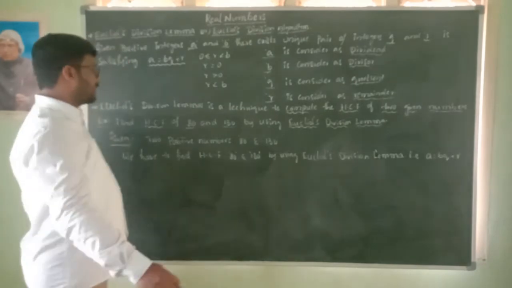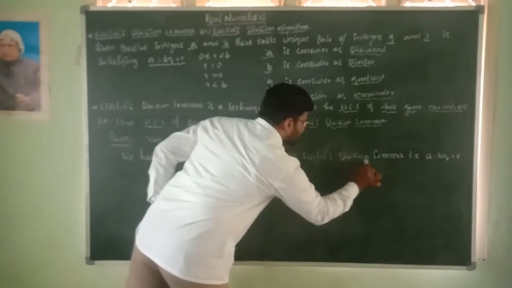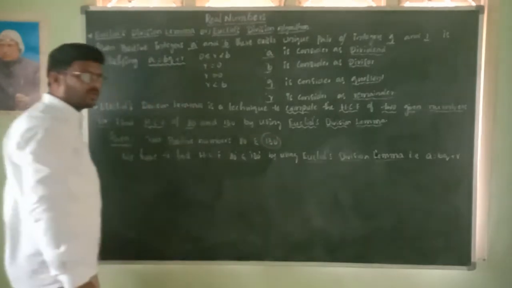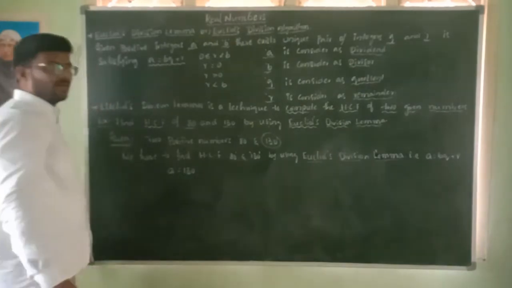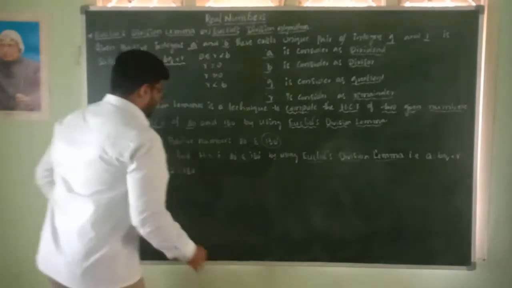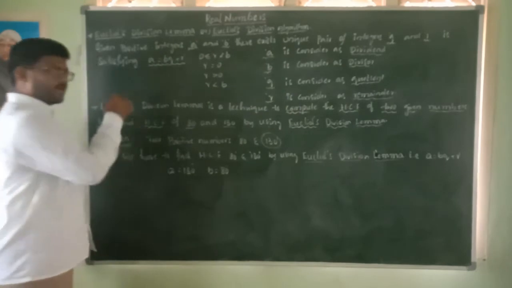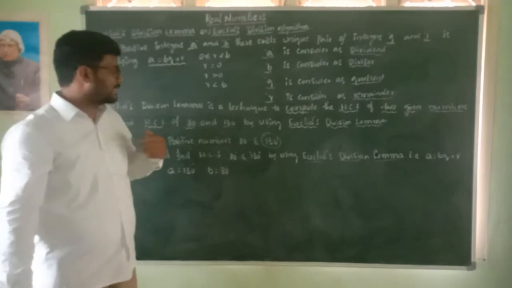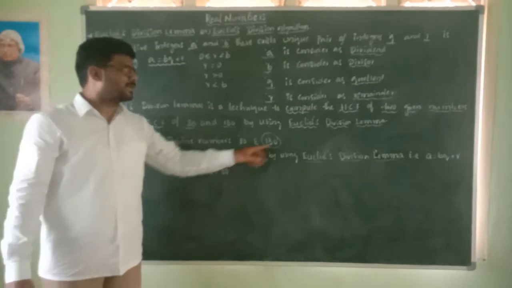Okay, children, let us see. According to Euclid's division lemma, consider a is equal to 130. According to the Euclid division lemma condition, I take b is equal to 80.